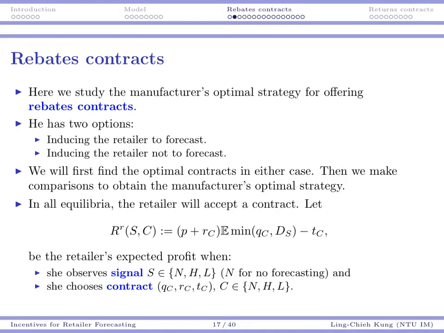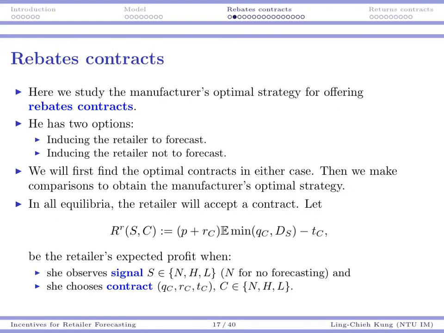Then we will denote this outcome as a function R_r of S, C. Small r means this is under rebate contract. Capital R means this is the retailer's expected profit. S is a signal, either H or L or N. N means no forecasting.